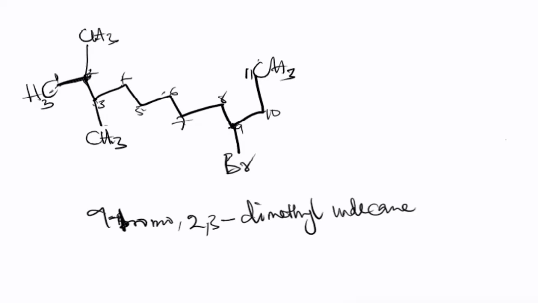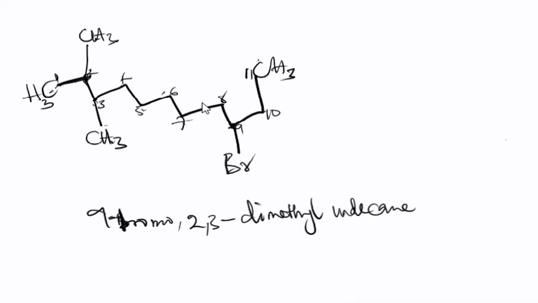So just like we have in this example here, you have the numbers at which this is occurring. It's occurring at carbon number 2 and carbon 3 here. So the numbers are listed after each other and then separated with a comma. So you have 2, 3 and then dimethyl on the alkane.